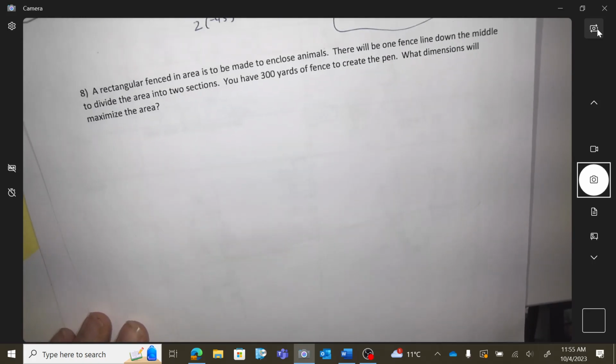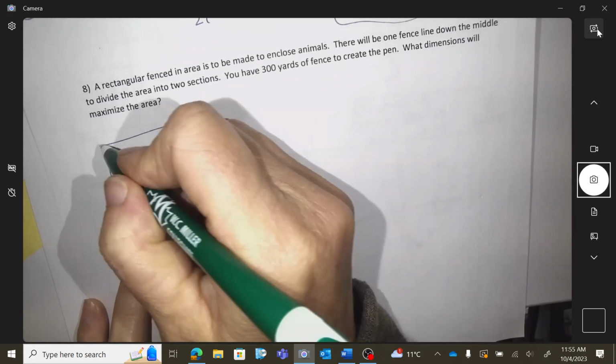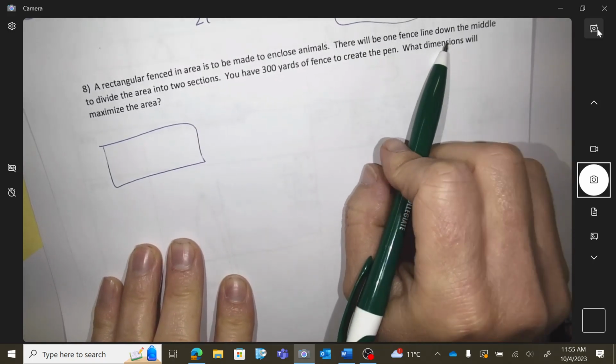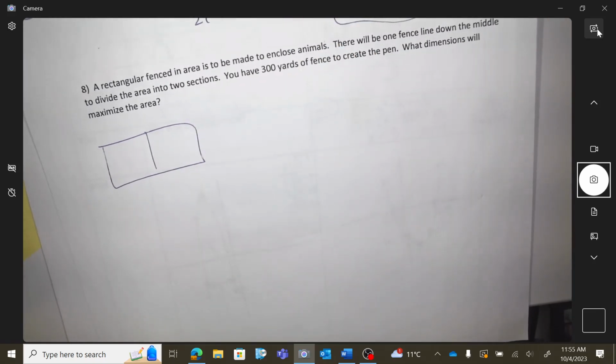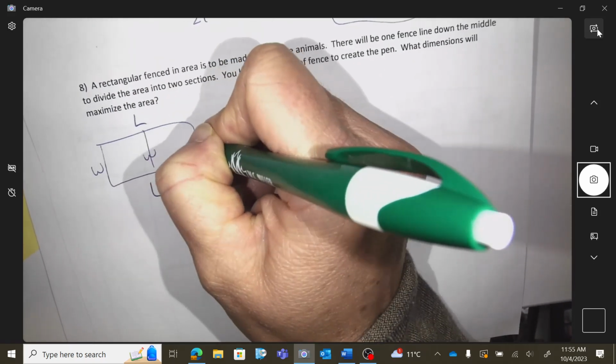Okay, so this is a barnyard question. So you have a rectangular fenced area. There will be one fence down the middle, and that would divide it into two sections. So there's your drawing. And then on my drawing, I'm going to put lengths and widths.